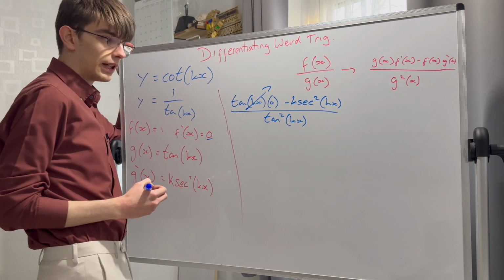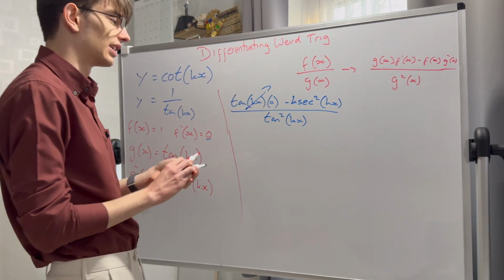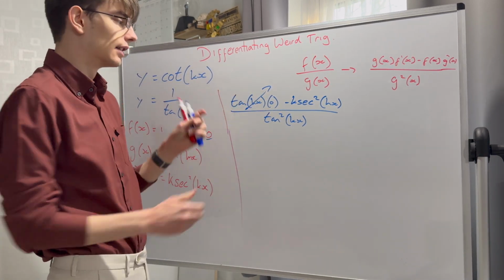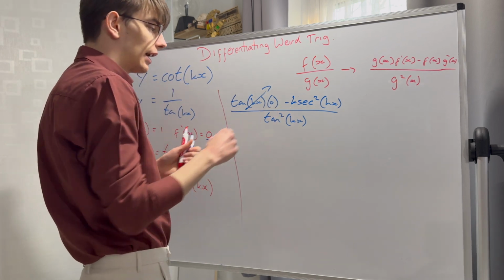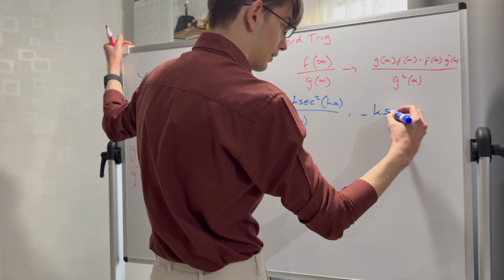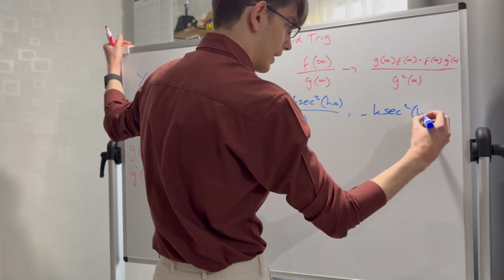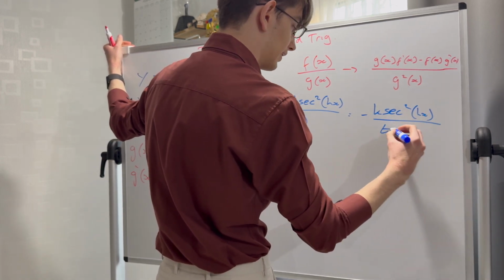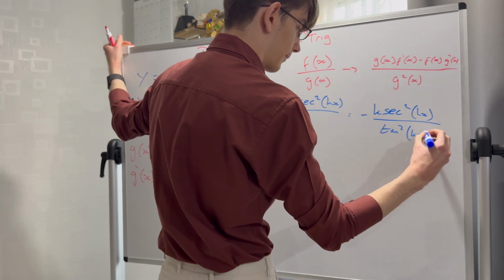As we should be noticing at this point, there's always a 0 in the beginning. That guy's going to disappear. And I'm just left with minus k sec squared kx over tan squared kx.